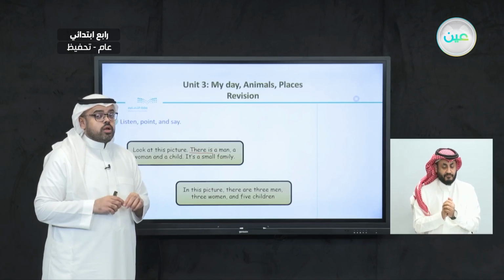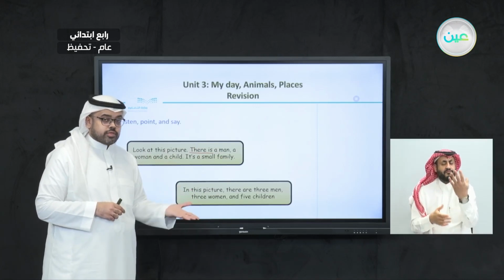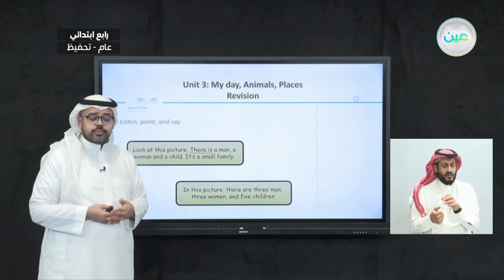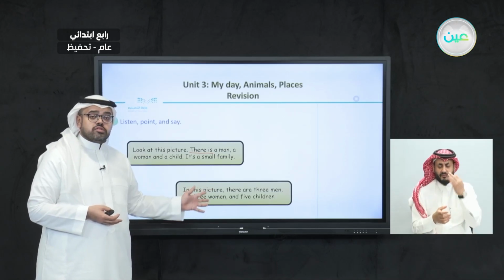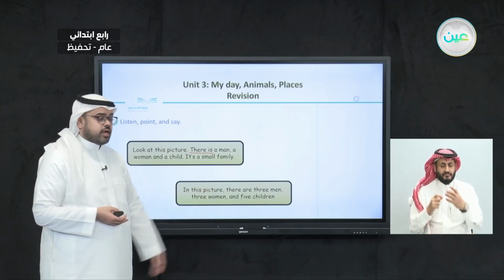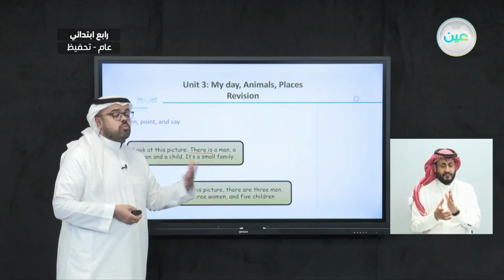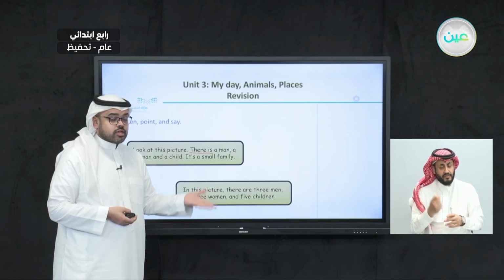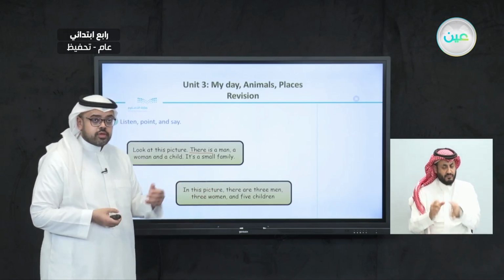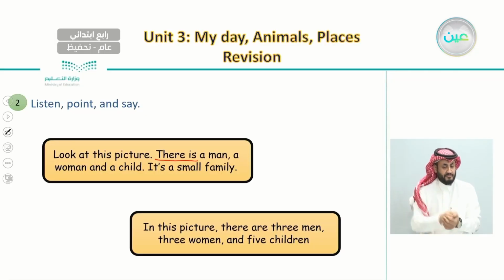But what if we have more than one? What should we say? Let's listen to the second picture. In this picture, there are 3 men, 3 women, and 5 children. So if we have more than one, in this case, we should use there are.